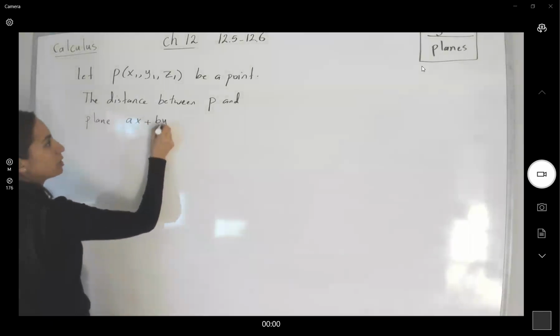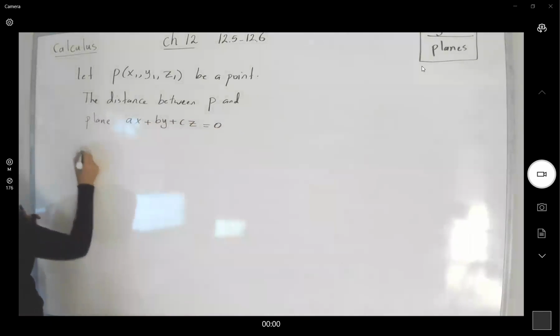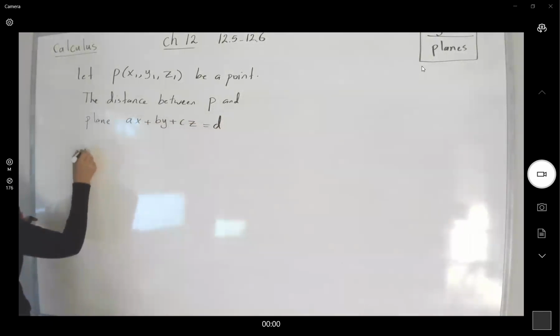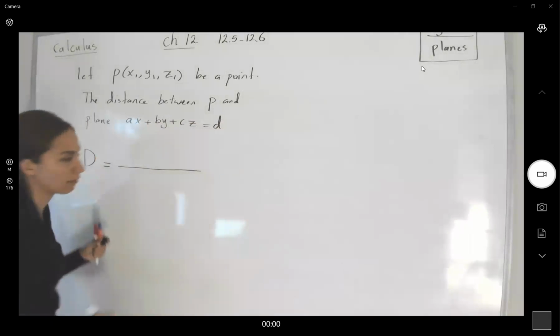AX plus BY plus CZ equal to D can be calculated, let's just write D, as capital D, or the distance, which is equal to a fraction.